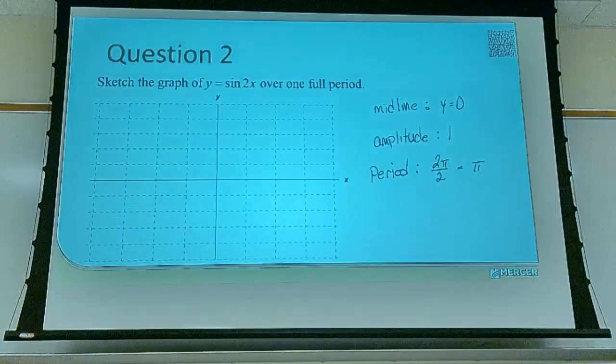One full period would be a length of pi. We're going to try and stay balanced. That'd be minus pi over 2 to pi over 2. It's going to be 0 at minus pi over 2, the origin, and pi over 2.